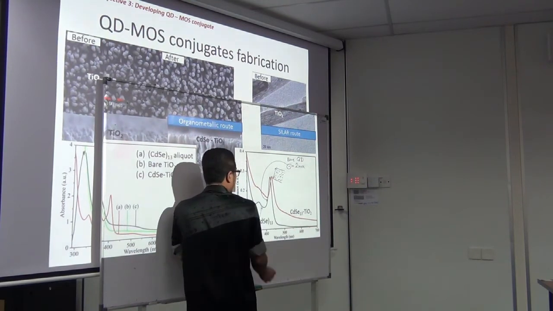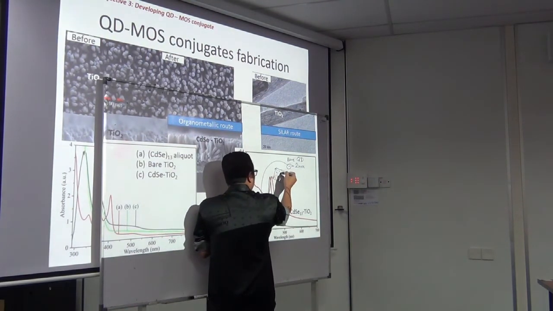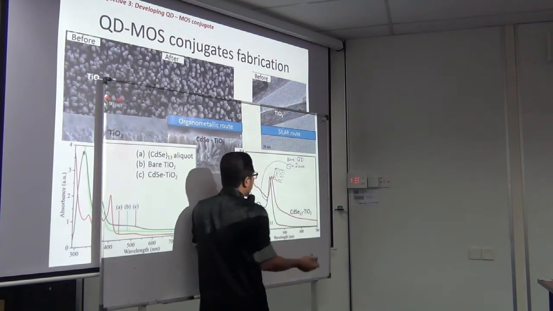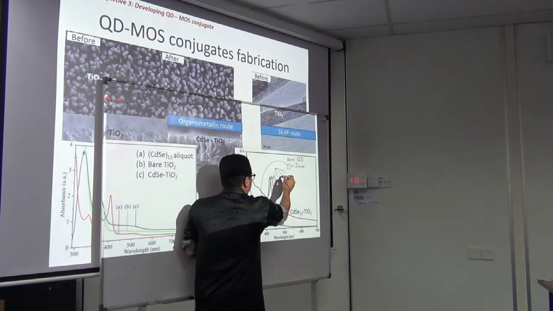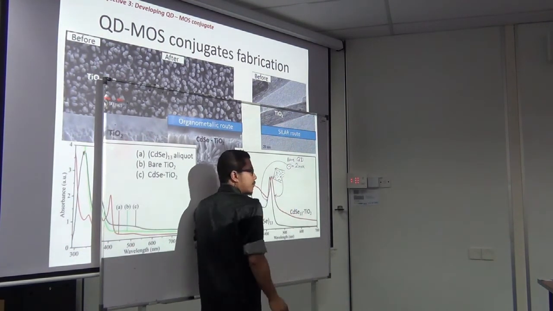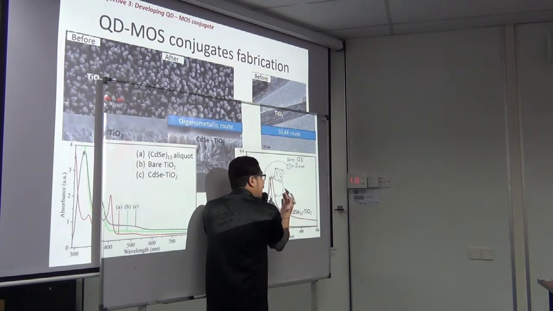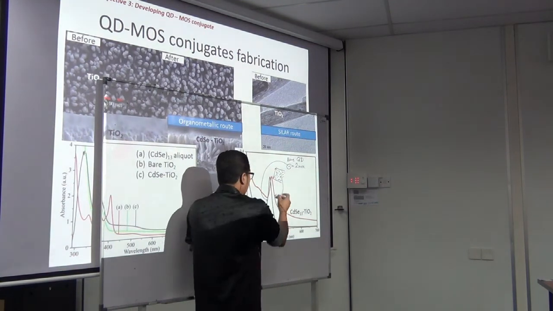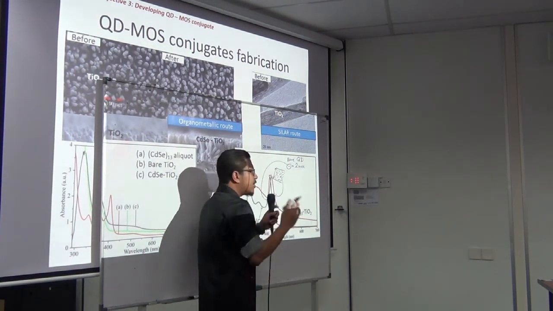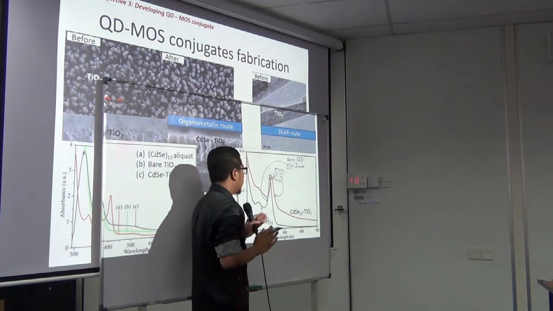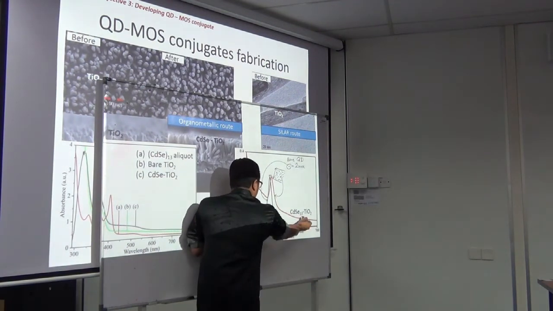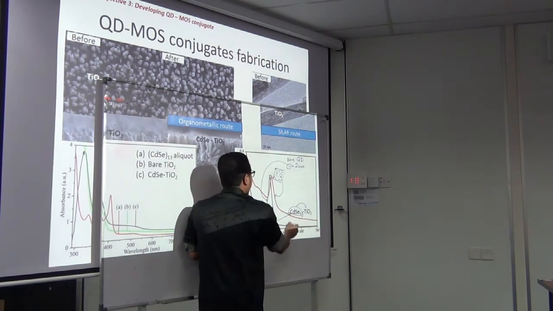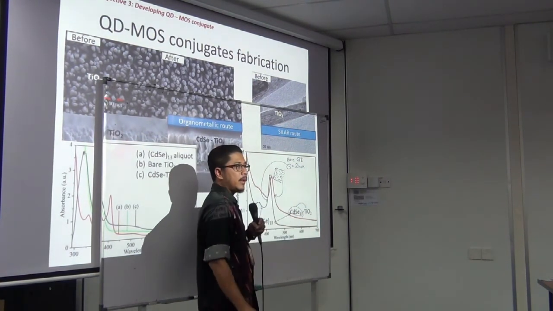And this one, the QD that is accumulated onto the surface of TiO2, we check, it gives us the red line. And these two graphs are nearly similar, and we could assume that they are similar. Only a small shift of the peak. We could conclude that this CdSe13 that has been attached onto the TiO2 is the same CdSe13 with the size of this dot.